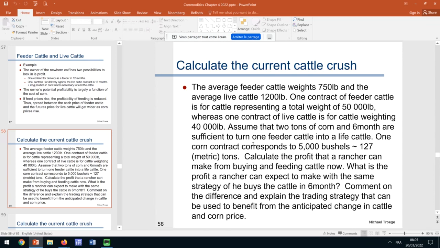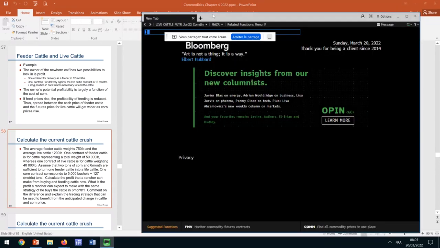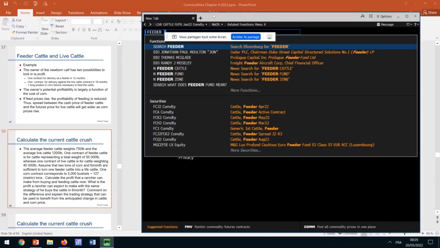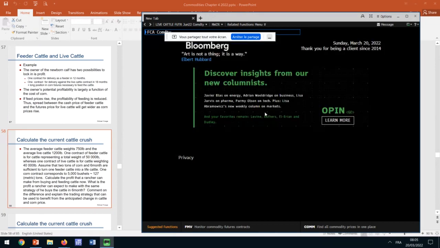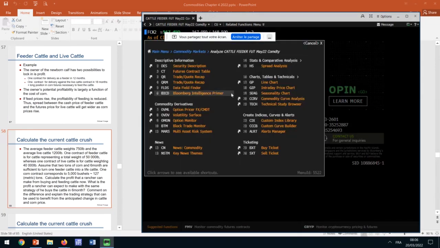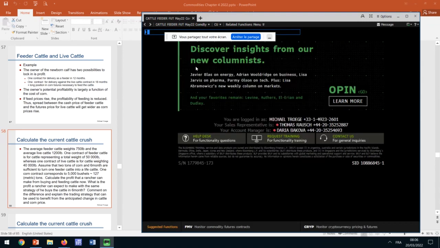And now a contract of feeder cattle, if you remember, is for cattle with a weight of 50,000 pounds. Let's just pull up the contract here. Feeder cattle. Security description.